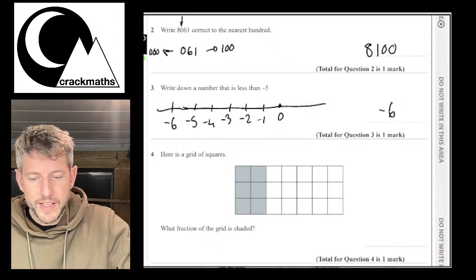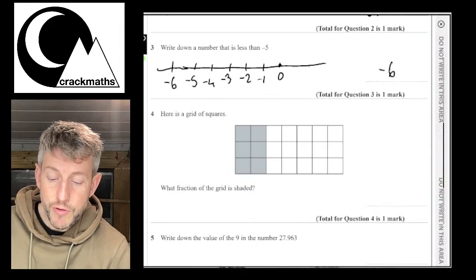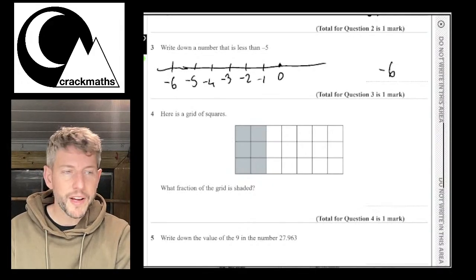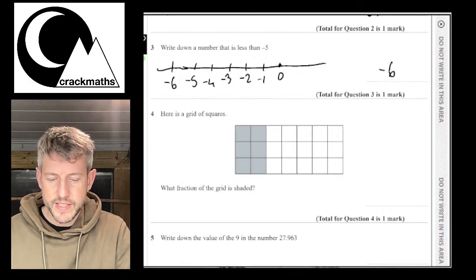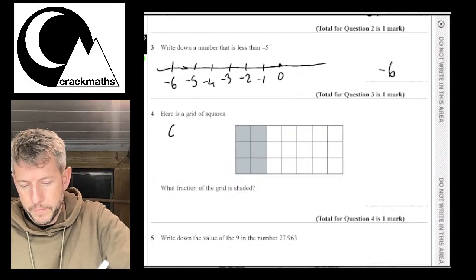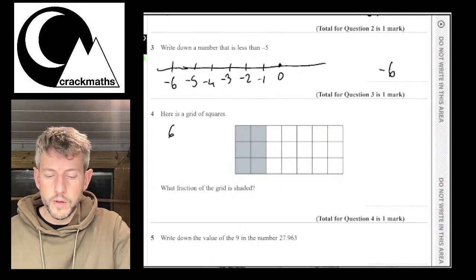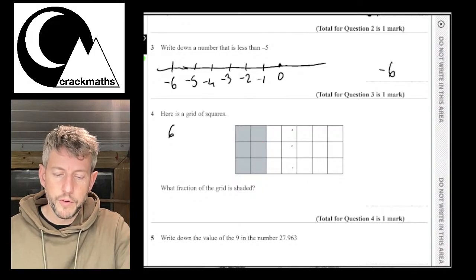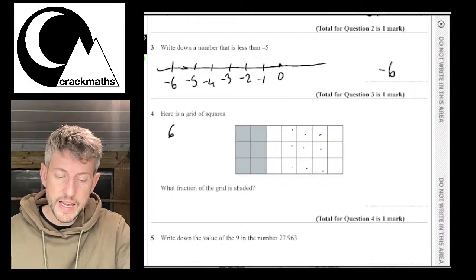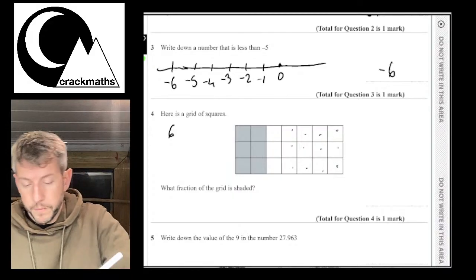Right, let's look at this next one. Here is a grid of squares. What fraction of the grid is shaded? Okay, so here we go. We can see we've got 1, 2, 3, 4, 5, 6 shaded squares. And then we've got 1, 2, 3, 4, 5, 6, 7, 8, 9, 10, 11, 12, 13, 14, 15, 16, 17, 18, 19, 20, 21.